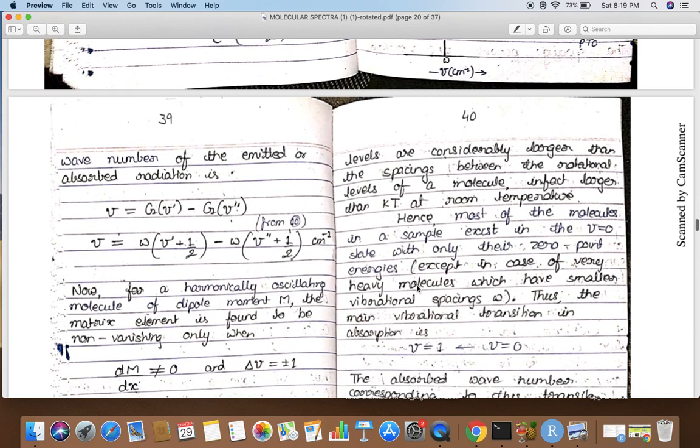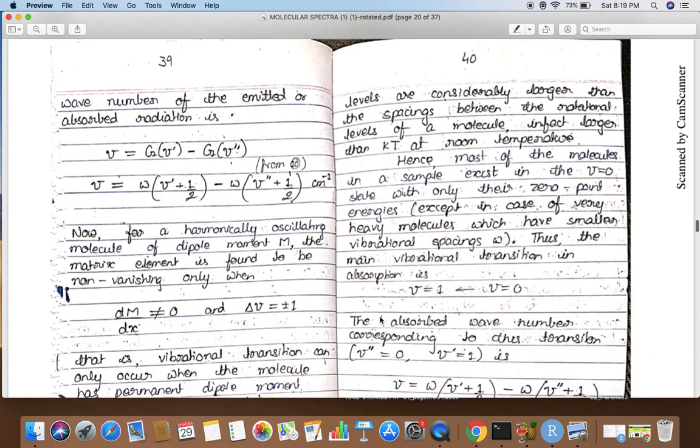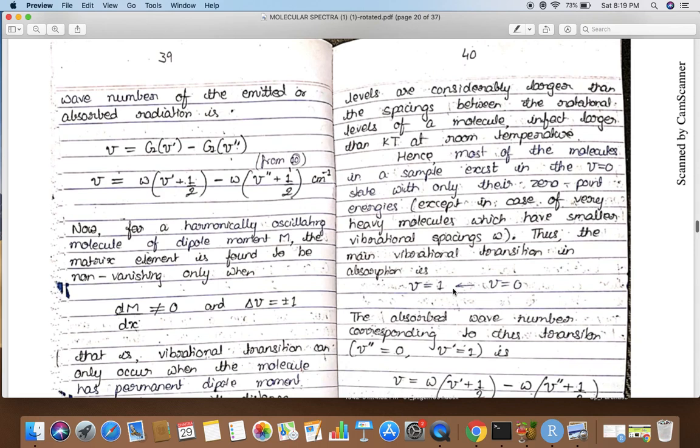So most of the molecules in a sample exist in ν equal to 0. That is the ground state, the zero point energy. Except for heavier molecules, which have smaller vibrational spacing because of the heavier nuclei, the main vibrational transition absorption is from ν equal to 0. Molecules absorb energy and are lifted to the higher energy levels.